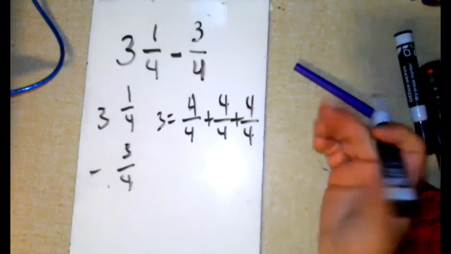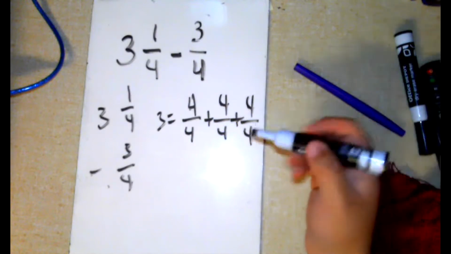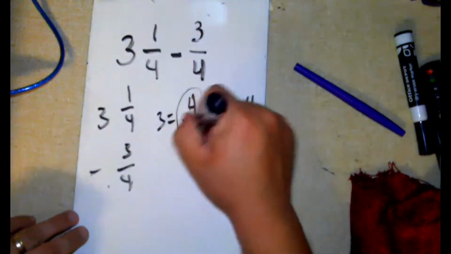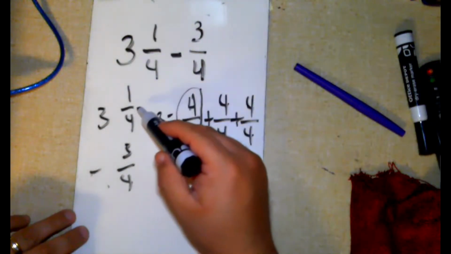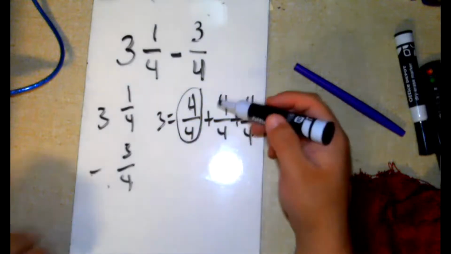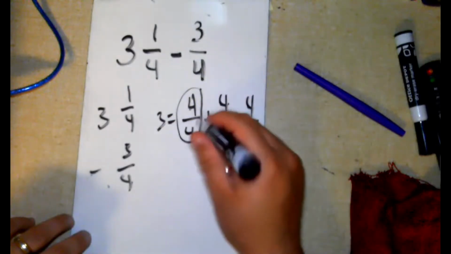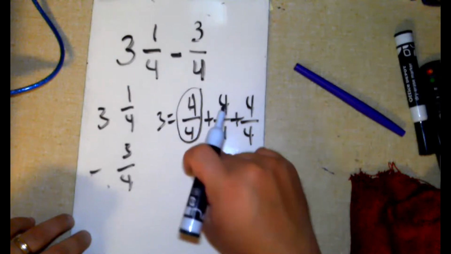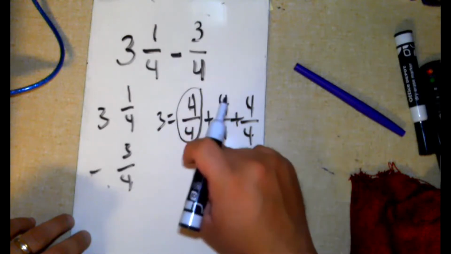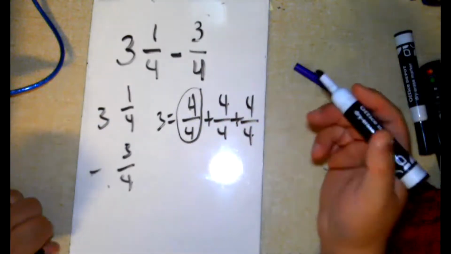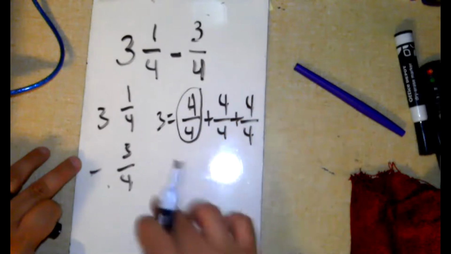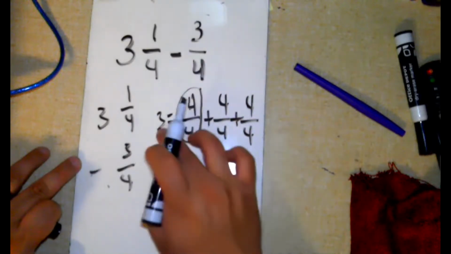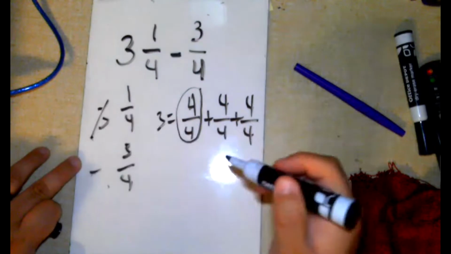What you could do is take one of these and add it to the 1/4 and subtract. So what if I were to take 1 whole, or 4/4, out of the 3? So let's count. Ready? 1, 2. So now I'm taking away 1 from 3. So instead of that being a 3, that's going to be a 2.